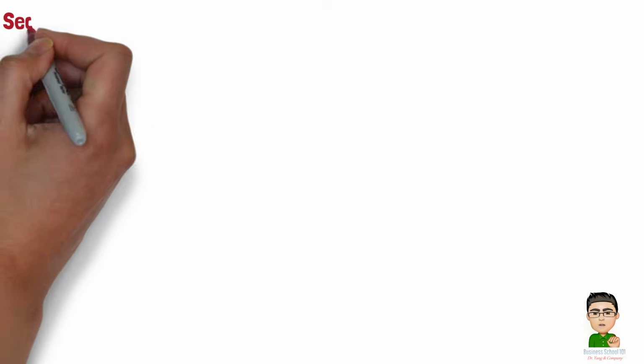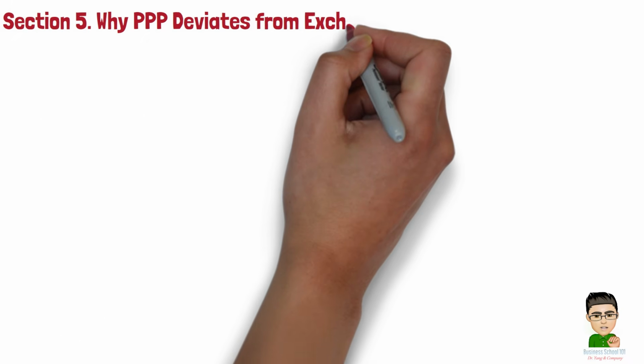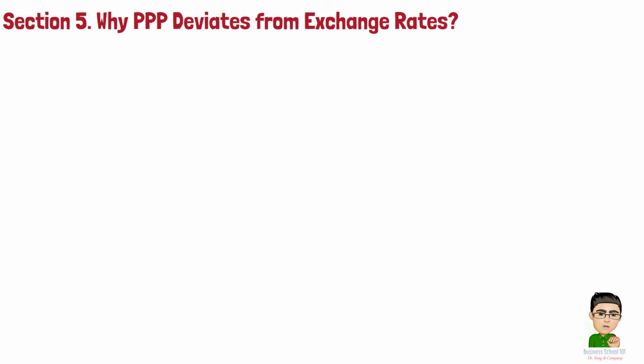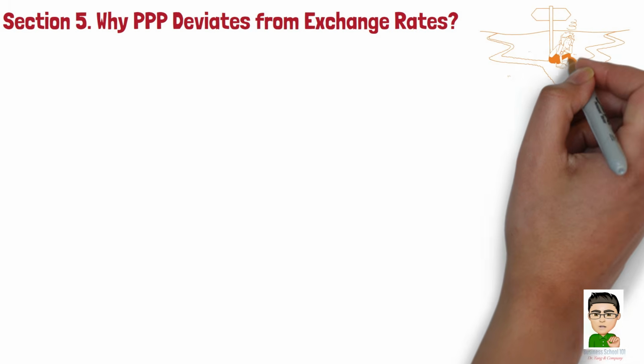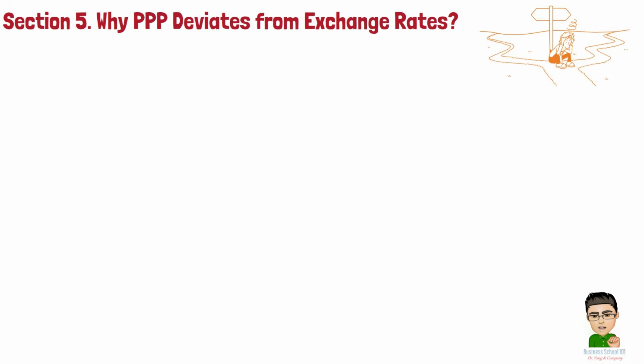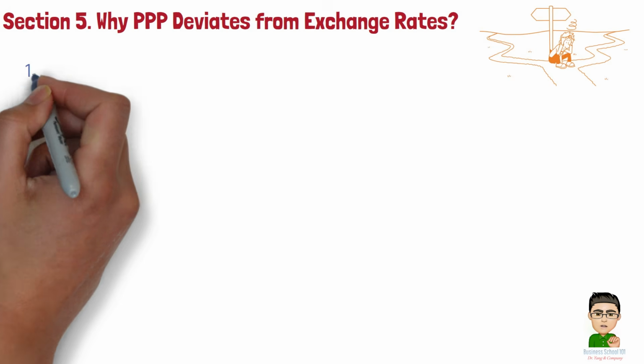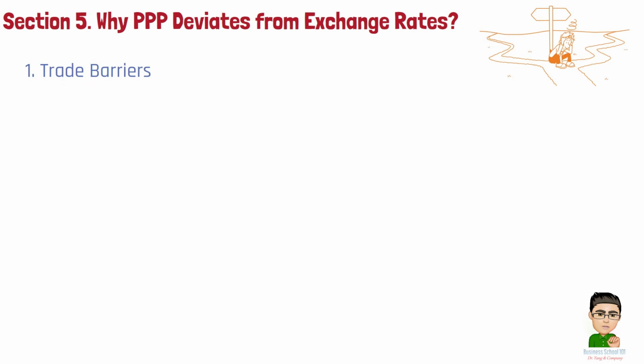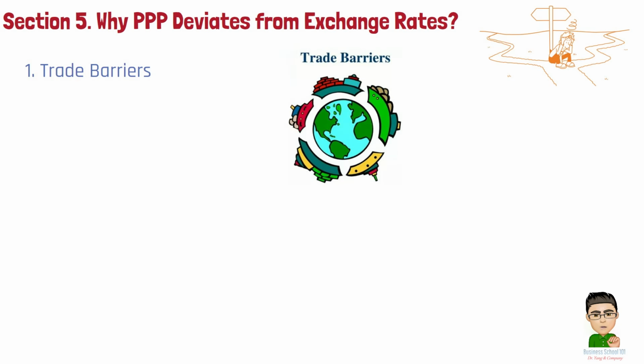Section 5. Why PPP deviates from exchange rates. While PPP suggests that exchange rates should equalize prices between countries, this often doesn't happen due to several key factors. Number 1. Trade barriers, tariffs, quotas, and transportation costs can increase the price of goods across borders, making them more expensive than PPP predicts.